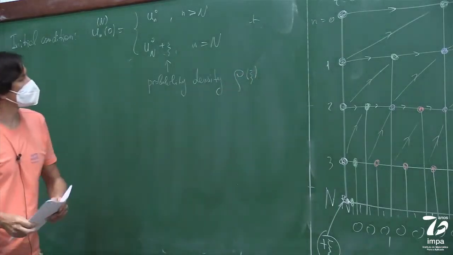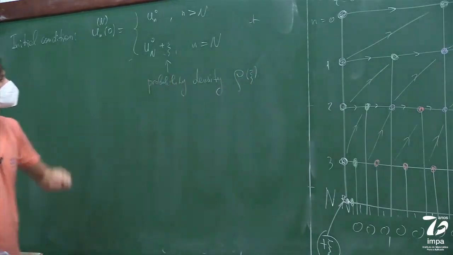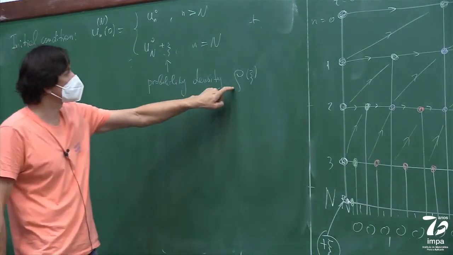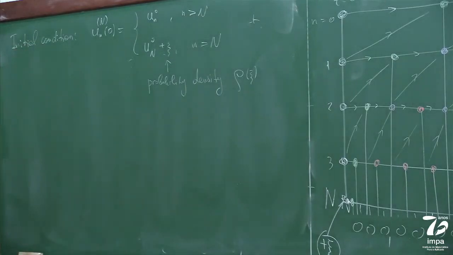We just define the probability for getting different values of xi. So everything that we need is absolutely continuous, which means that there is this function which is measurable.